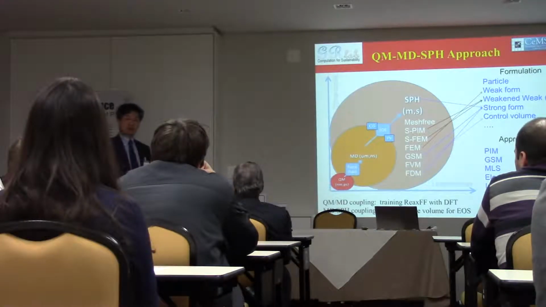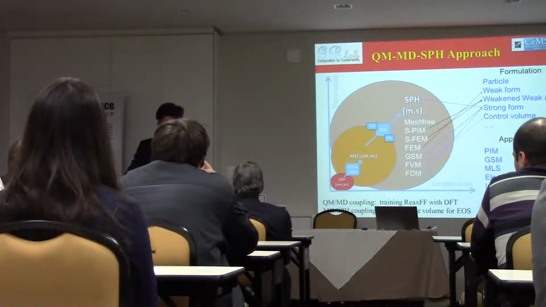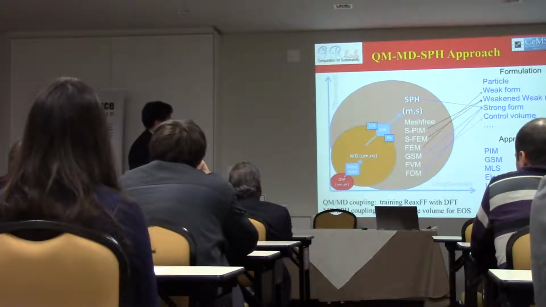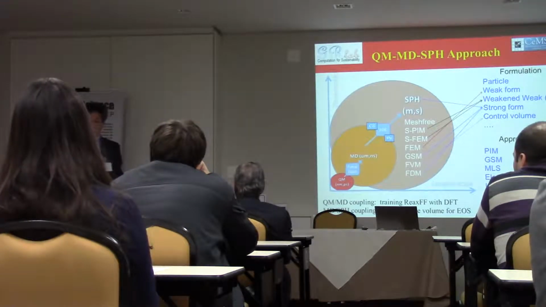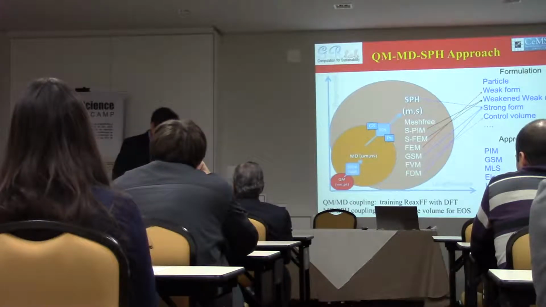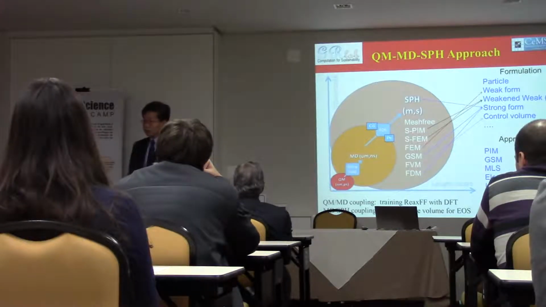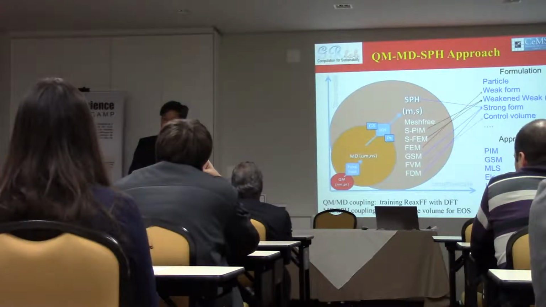Strong form formulation is basically a discretization procedure that applies directly to the partial differential equation without changing the equation into a weak form. And that works very well for CFD problems. The finite element method can also be applicable to CFD problems, but not so many people do that. There's a reason for that.